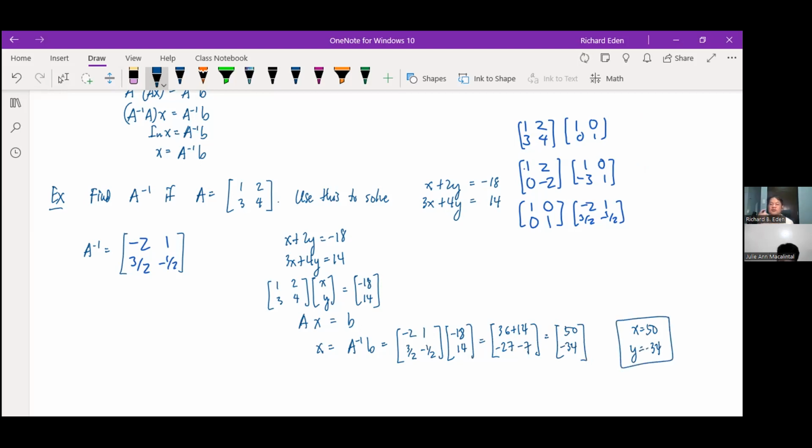For the sake of efficiency, having the A inverse means that if in case negative 18 and 14 are changed, and because you already have the inverse, then only this part needs to be replaced. Parang small part lang. Oh, ayun, 50, negative 34. Yes, you're right. Okay.